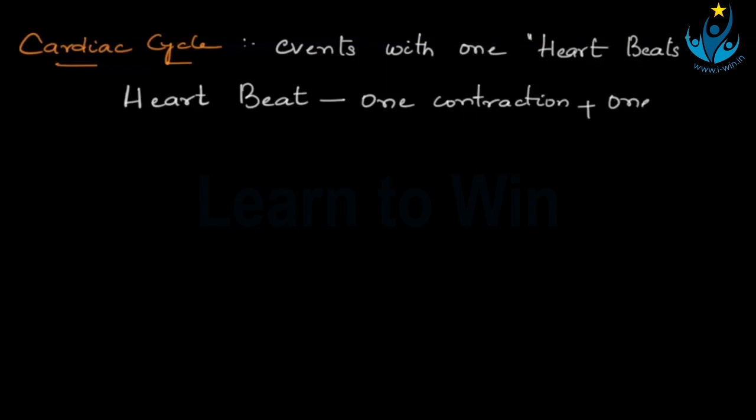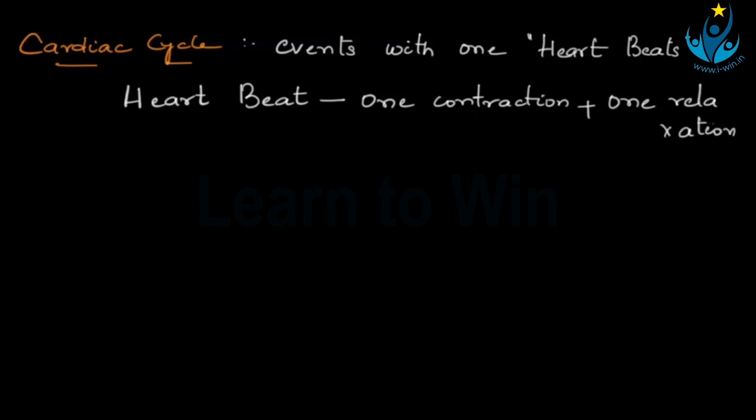Everything is happening in that heartbeat. So when we're talking about the cardiac cycle, we're basically talking about the events that create a heartbeat. So what is a heartbeat then? A heartbeat is nothing but one contraction plus one relaxation of the heart.